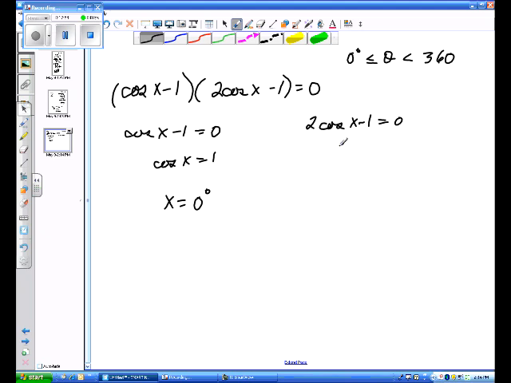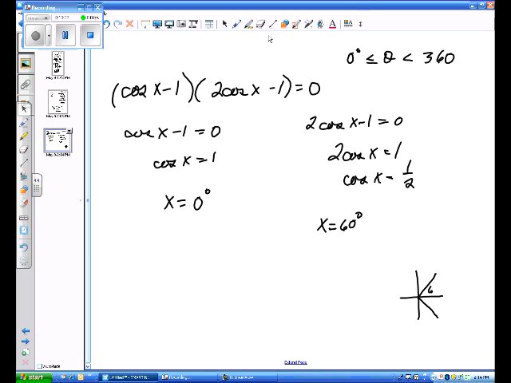Here we would solve, so we'll add 1, divide by 2, and we're looking for an angle whose cosine is 1/2. Well, we know that's 60 if we're in the first quadrant. But the cosine is positive in the first quadrant. It's also positive in the fourth quadrant.